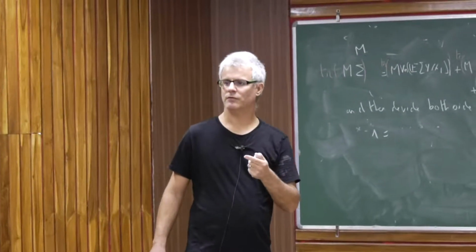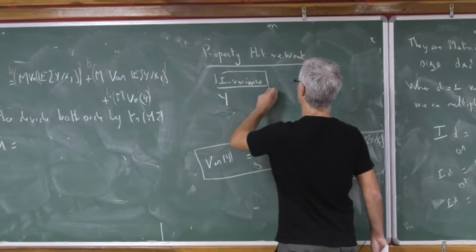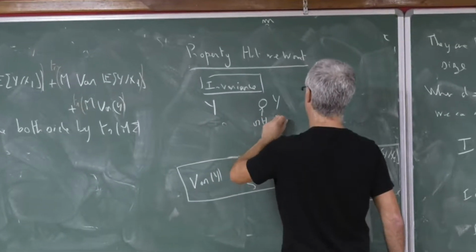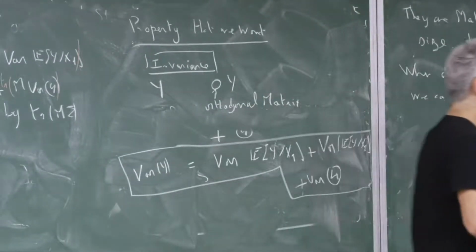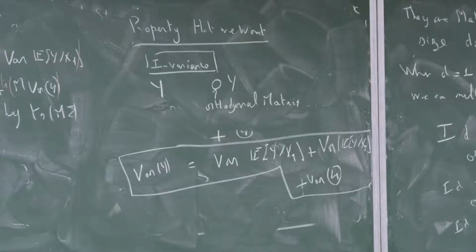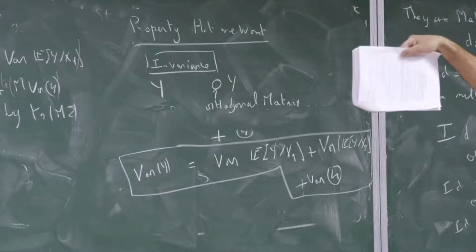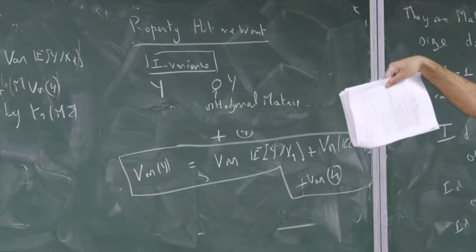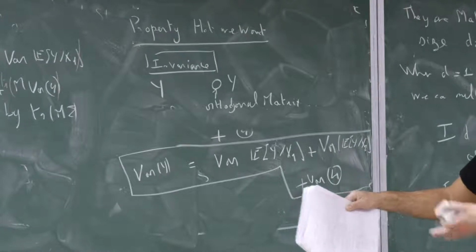That means that if you take an orthogonal matrix, you should take a look at y and you change y. So this is just to change the way you are looking at your output. I'm just doing a rotation. I just change my output with an orthogonal transformation. But the influence of the input has not changed. It's just the way I'm seeing it. I'm just turning my head, but the output is the same.